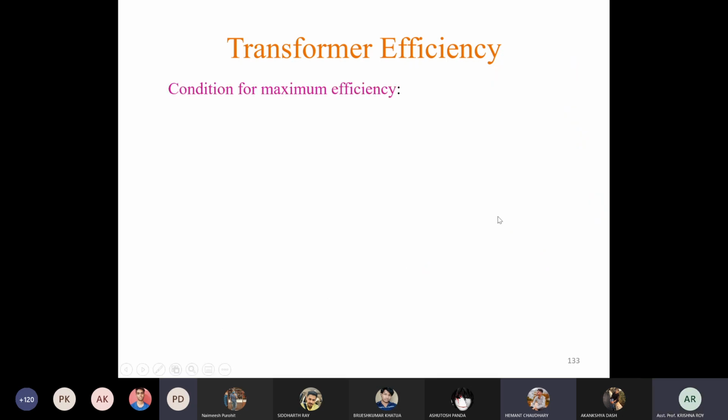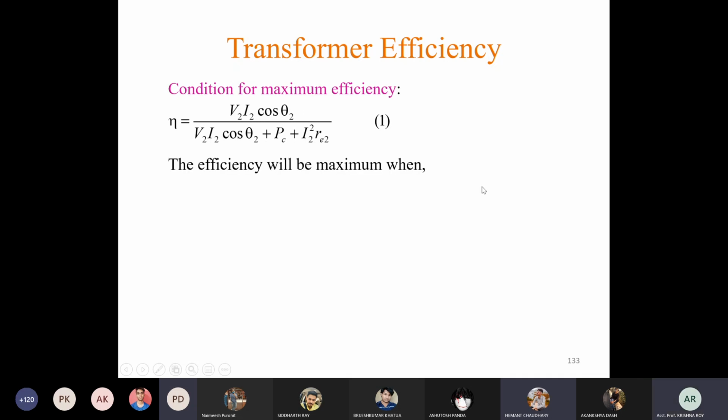So the condition for maximum efficiency. This is the formula to calculate efficiency at rated current. The efficiency will be maximum when the load current, if we take the derivative of this expression with respect to load current, that means for a particular current, the efficiency will be maximum at a given load power factor.